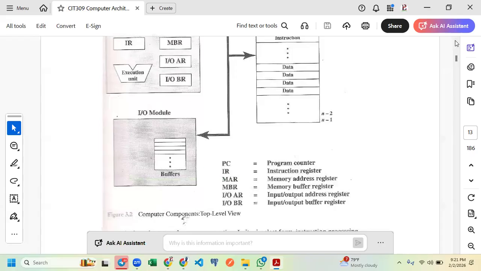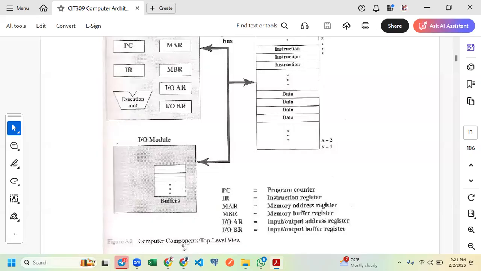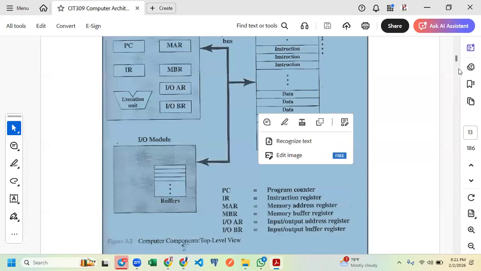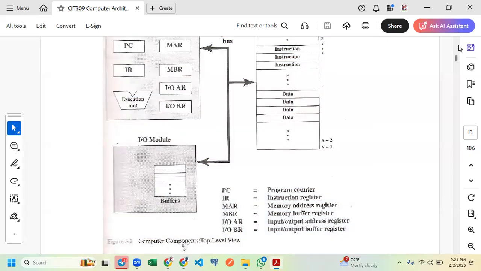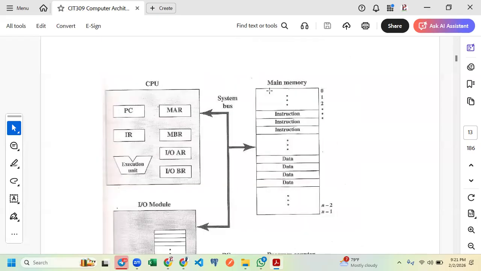So if you draw your drawing like this in the exam, you will do well to label it like this, for the examiner to understand that you are not just writing PC, IR, you know what they mean. I think that should be a bonus for you. Then we have the main memory. The main memory is arranged in sequential order.